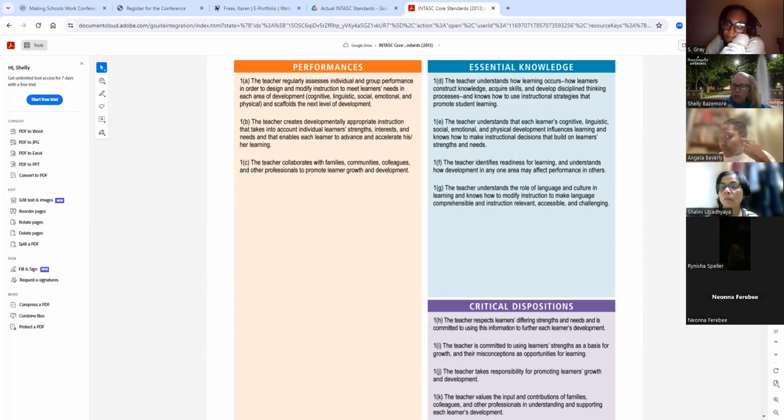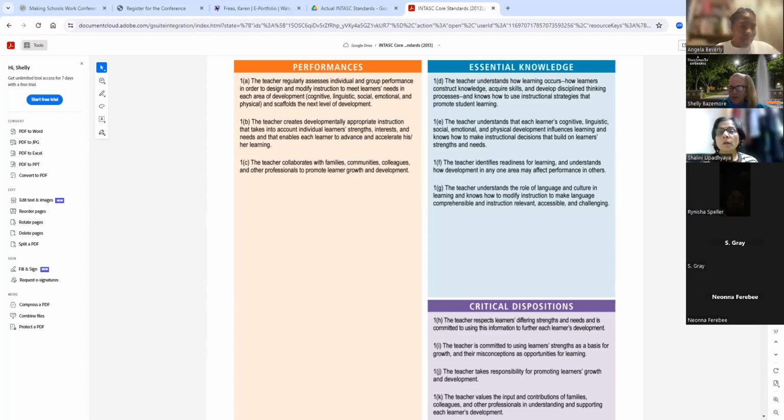Can you put in the chat what you have as an artifact for tonight? I can't see your screen on your phone. It's all blurry. All right, well, we'll just move on to the next person.